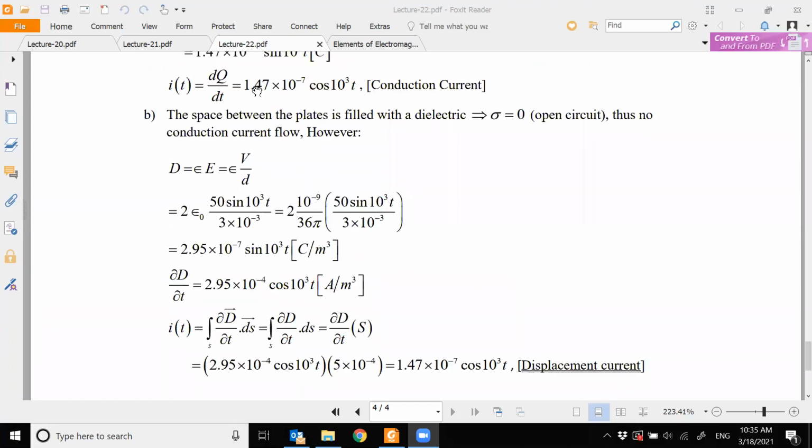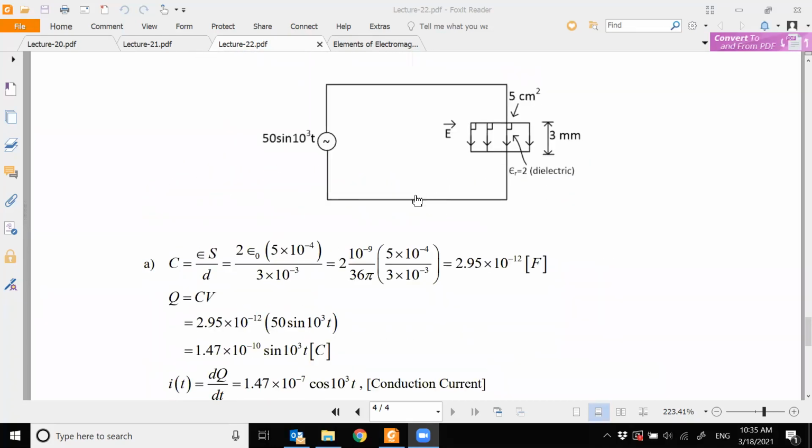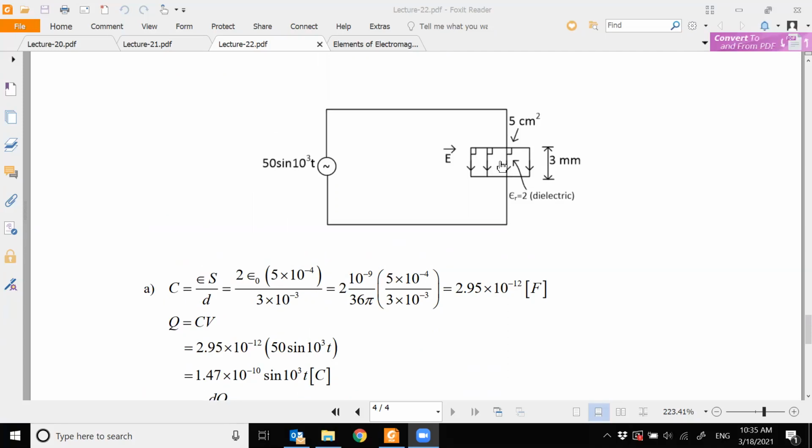Now if you compare this current and this current, see, they are the same. Of course, you cannot measure the displacement current here, because your ammeter cannot measure the current here. But it can measure the current here and here.